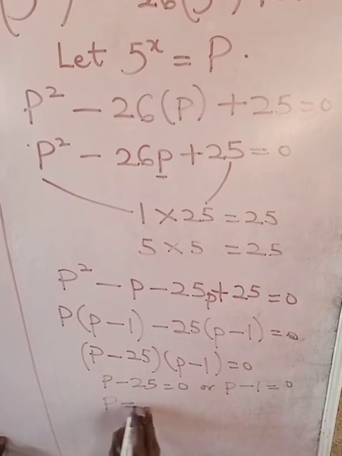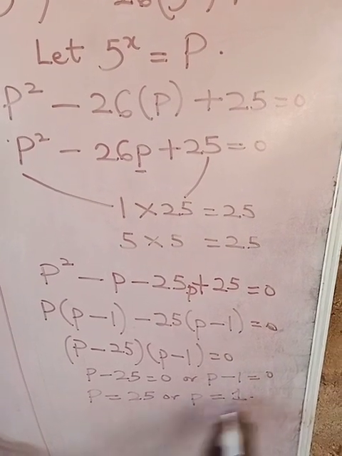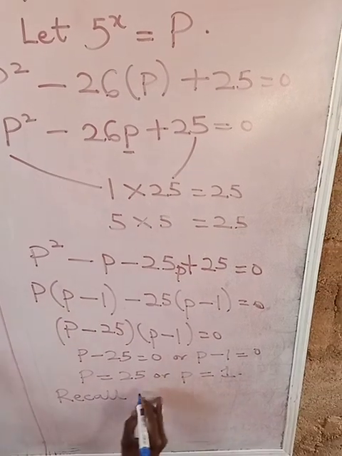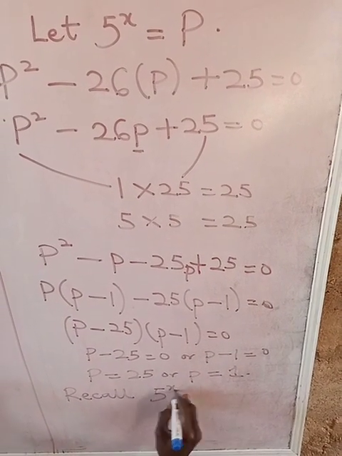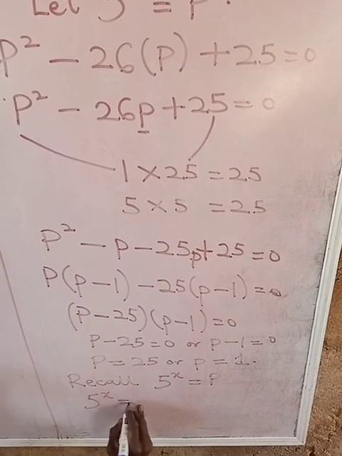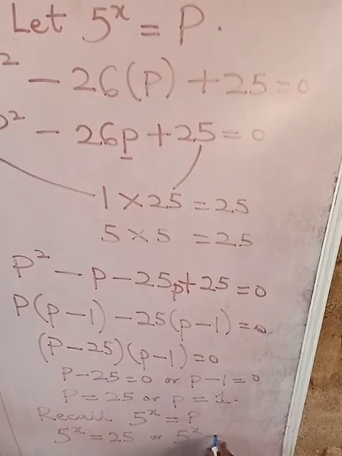So p will be 25, or p will be 1. But recall that up there we said 5 raised to power x equals p. So 5 raised to power x will be 25, or 5 raised to power x equals 1.